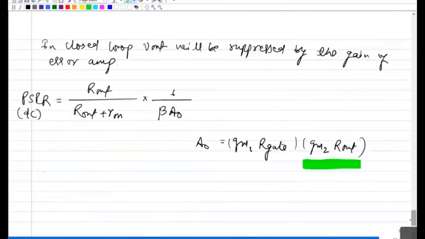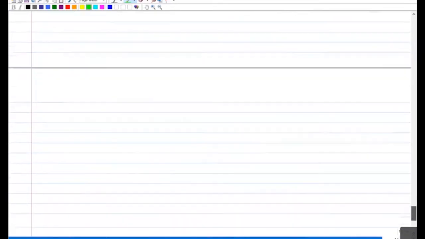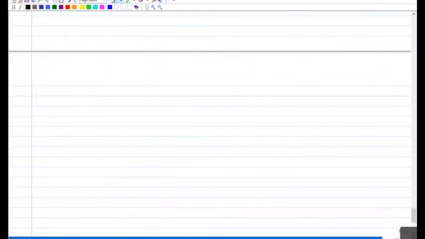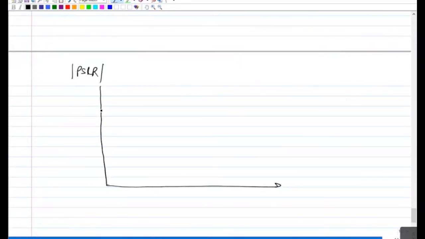Okay, so now let's do this plot. PSRR magnitude. So what is the starting point? Can anybody tell?